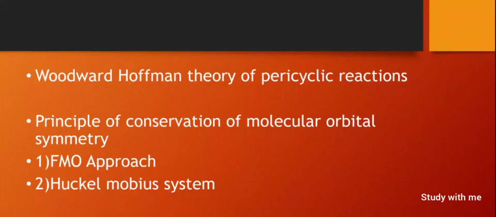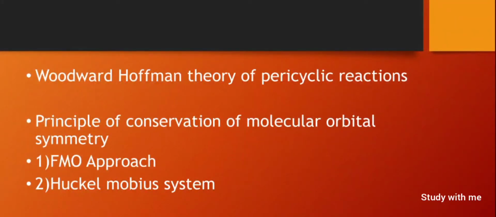These Frontier molecular orbitals are the highest occupied molecular orbital, that is called HOMO. HOMO is the name of the highest occupied molecular orbital, and the other one that will be considered is the lowest unoccupied molecular orbital, that is called LUMO.